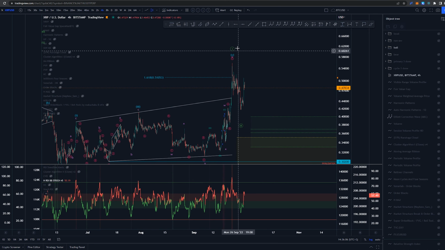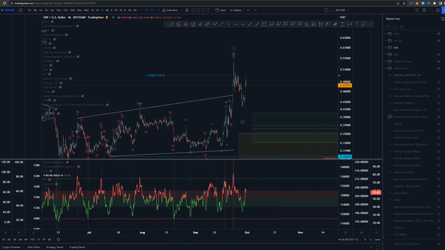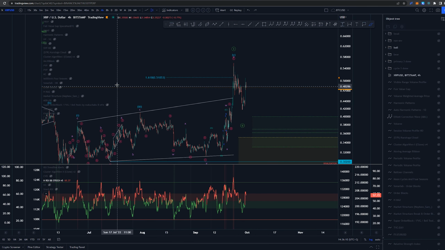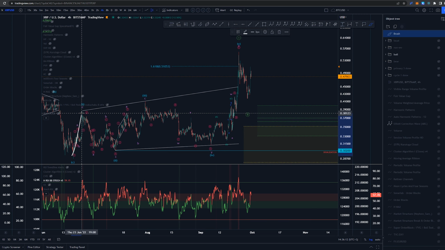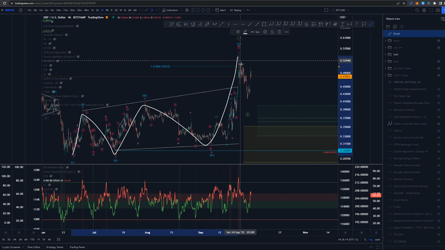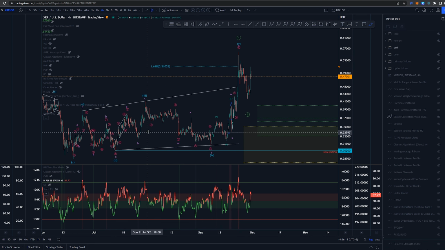So it is possible that we have this wave 1, 2, 3, 4, and 5 getting very, very extended. Generally, the 1.618 here is the max we want to see an expanding diagonal go to. But I feel like we have to accept this as one if we still want to have the bullish dreams going on here on XRP.